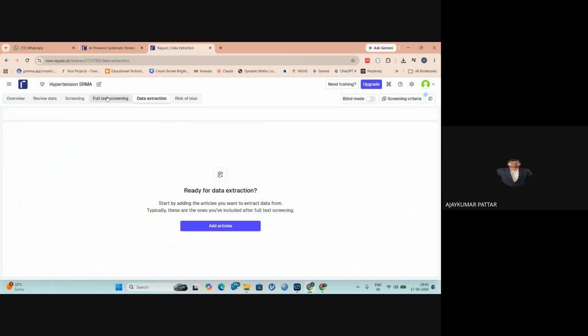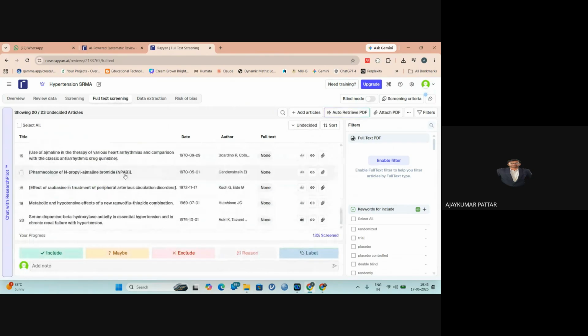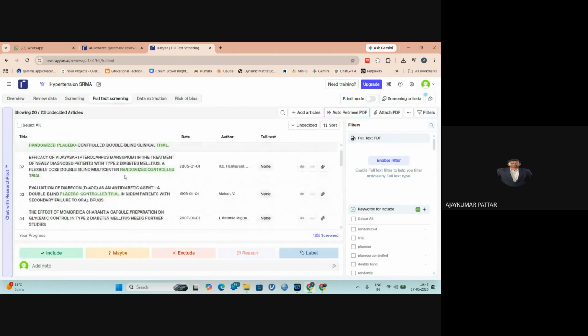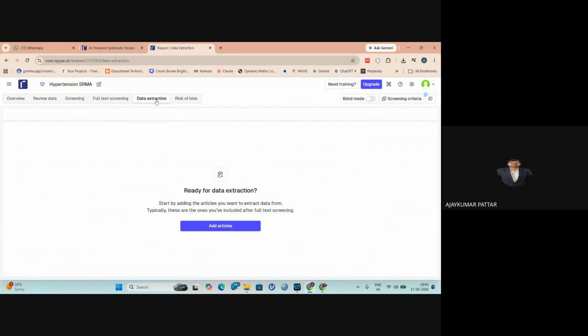So now consider that for all papers we have done the full text screening. Then the next step is data extraction. So I will click on data extraction. Let us see which kind of options it has. I have not explored these two options, because I think recently, 10-15 days ago, these two options were added in Rayyan.